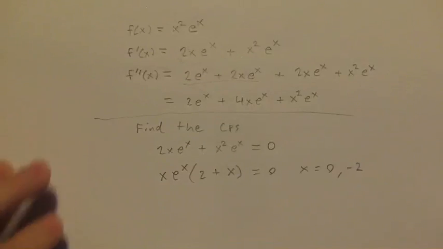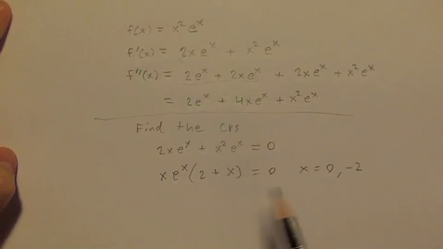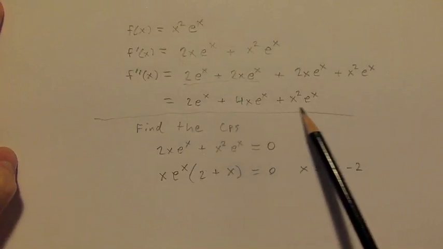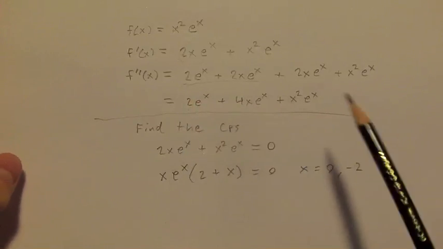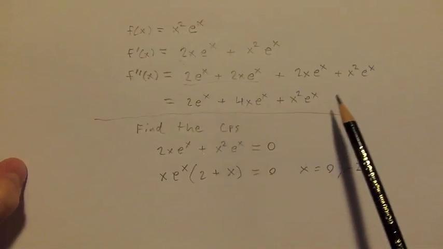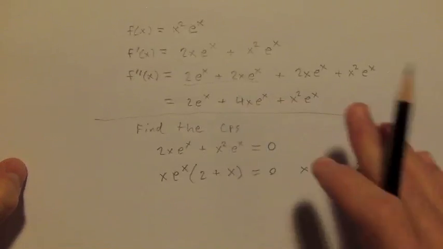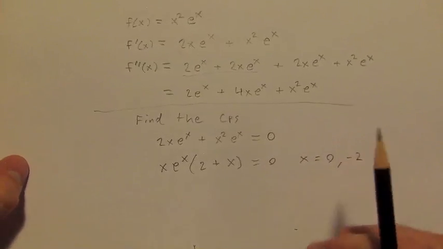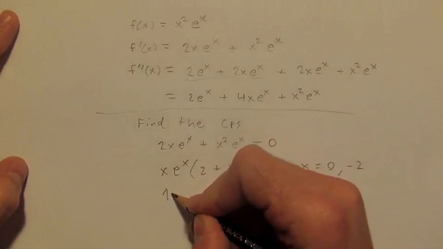Okay, and now it's a question of, well, which test do I want to use? My inkling is that I'm going to use the first derivative test, because the second derivative test would involve plugging 0 into this, which 0 wouldn't be bad, but then I have to plug negative 2 into this. Okay, so I'm going to go ahead and use the first derivative test.